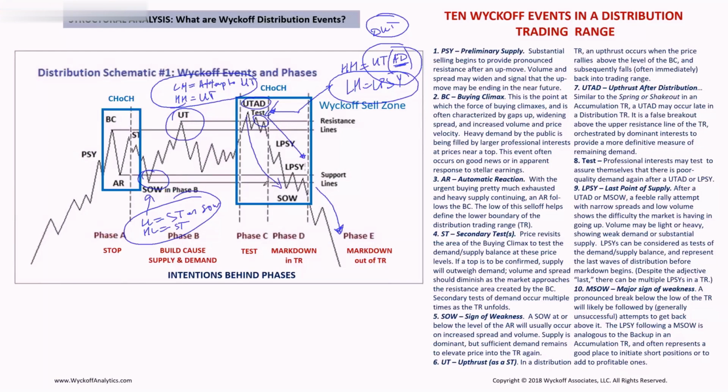The next reaction is going to be the largest reaction in the trading range, which defines that the behavior has changed, and therefore a change of character is underway. The change of character is going to be confirmed by the last point of supply rally, which usually is going to be weak. And after this rally, this is where the capitulation is going to happen as the price commits to the downside.